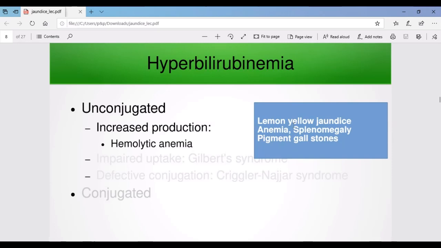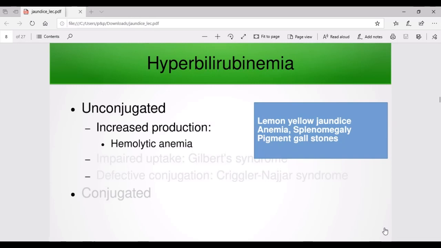And in addition to this, the excess bilirubin which gets destroyed leads to production of a high level of unconjugated bilirubin, and the liver can conjugate more than the usual conjugated bilirubin.